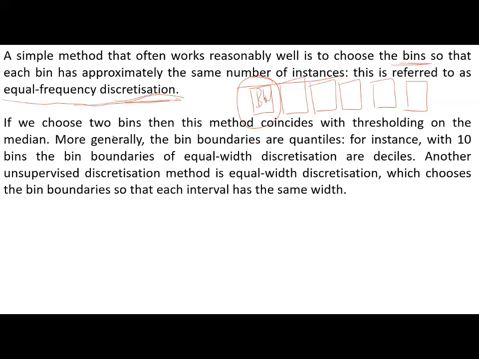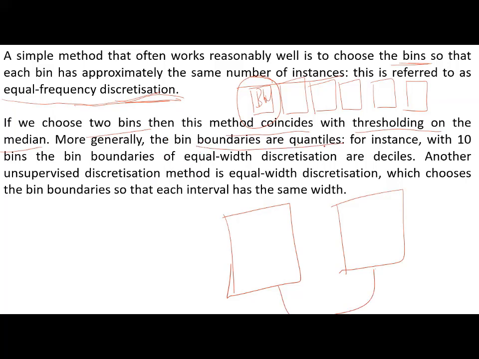If we choose 2 bins, then this method coincides with thresholding on the median. That is, if you have only 2 bins, one is the true bin and the other is the false bin, that is called Boolean. More generally, the bin boundaries are quantiles.